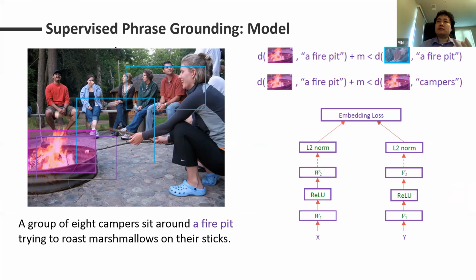So we have X as image regions, Y as the text phrases. We're going to train this network that independently projects those image and text data into some latent space. Then we're going to compile these data on the latent space and impose our ranking loss here.